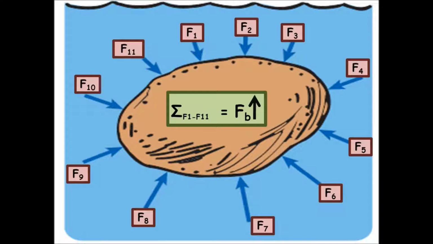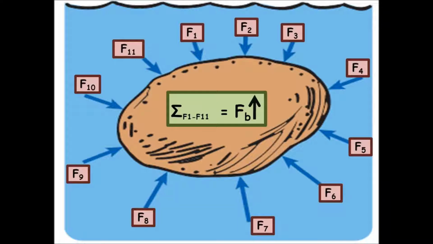This is a very oversimplified picture, but it gets the point across. The object would have a buoyant force equal to the sum of these forces, and that would be an upward force or a negative force.